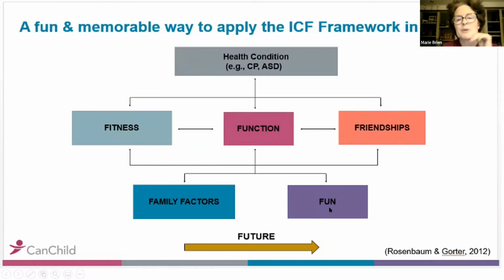Fun has replaced personal factors. As I mentioned before, for a child, personal factors are often what motivates the child, what the child enjoys doing. And each child is different. So when we have goals, it's really about seeking what the child enjoys doing, what the child wishes to do, what he would desire to be able to do. So fun has replaced personal factors.